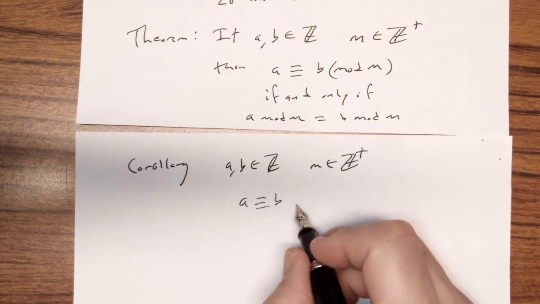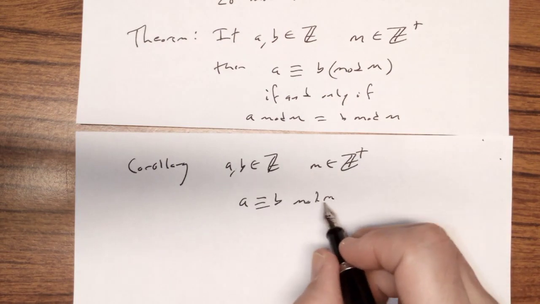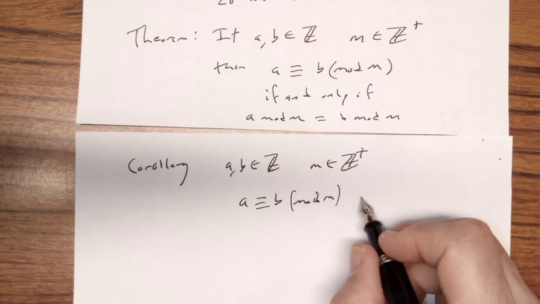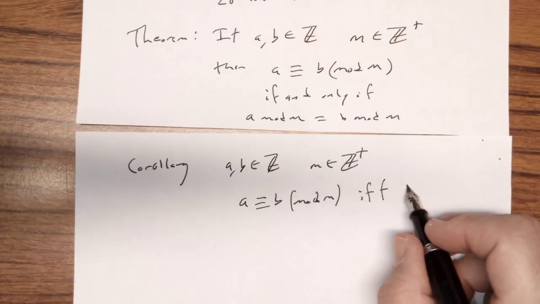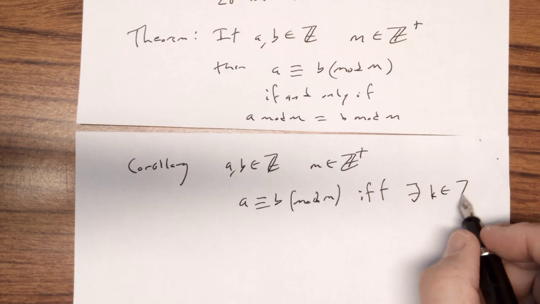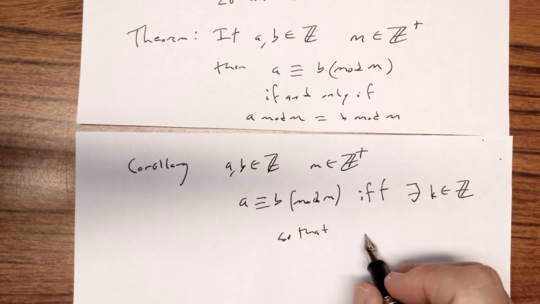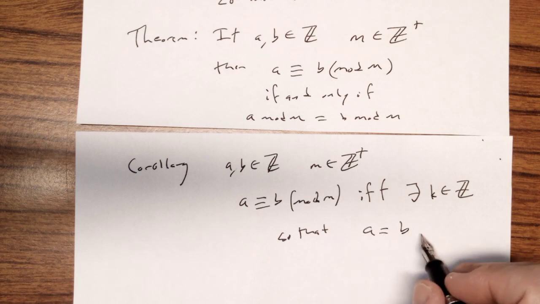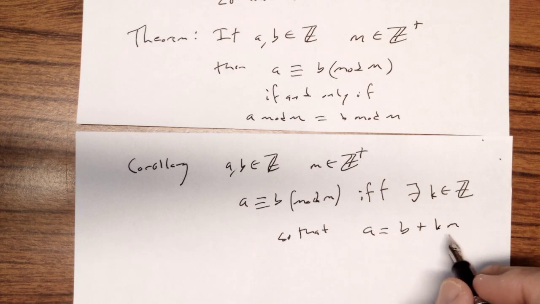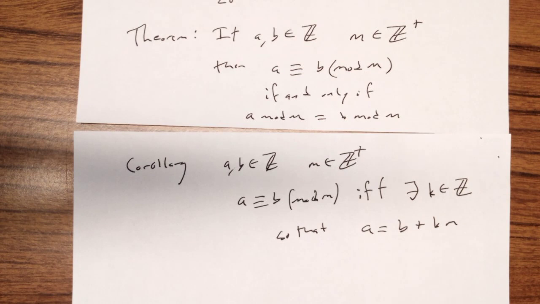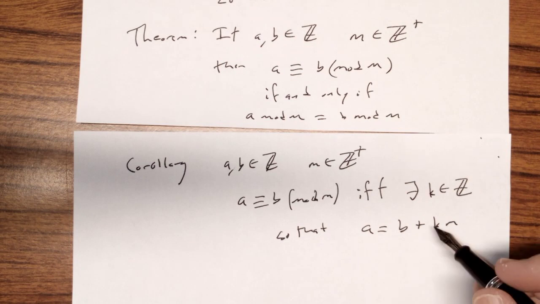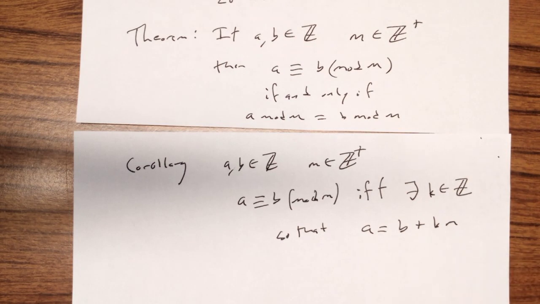A is congruent to B mod M if and only if there exists an integer k so that A is equal to B plus kM. In our previous example, 100 was equal to 28 plus 3 24s. The integer k was 3.